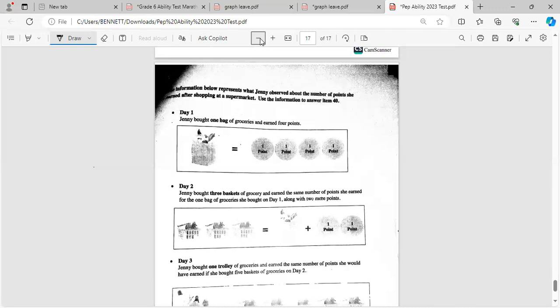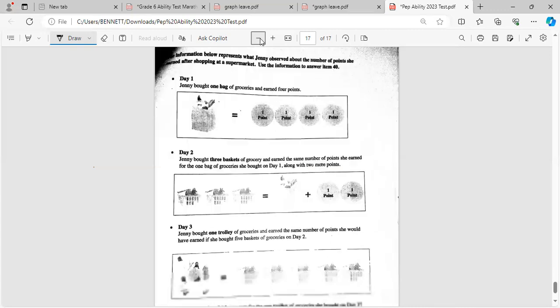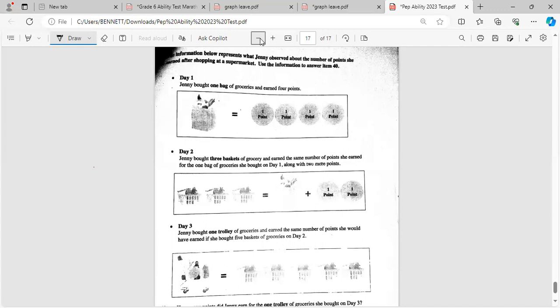So the 3 baskets are equivalent to the same grocery from day 1 plus 2. The top one is 4, then the next one is 6. So we know that a bag is equal to 4 points. So 4 plus 2 points equals 6 in all, so these 3 baskets are equal to 6 points.